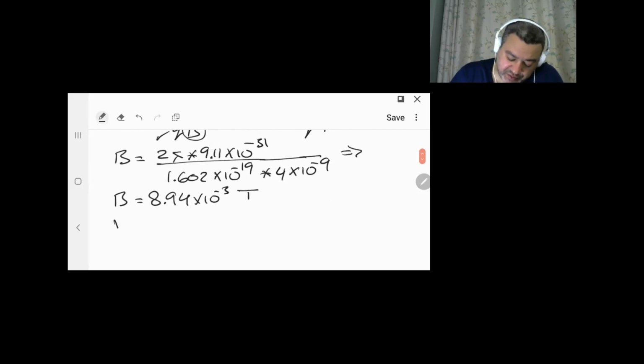Now, putting everything together, the R cyclotron equals mv over qB.